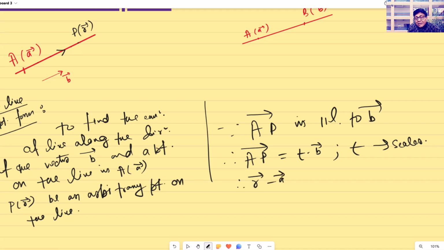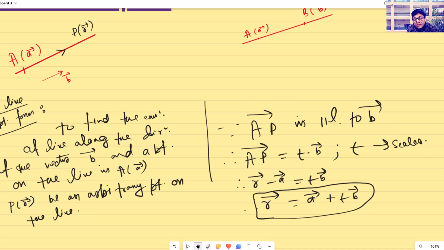So R minus A is going to be t times B. R equals A plus tB. Okay. This is the equation of the line on which a point A is known and R is an arbitrary point and t is a scalar.